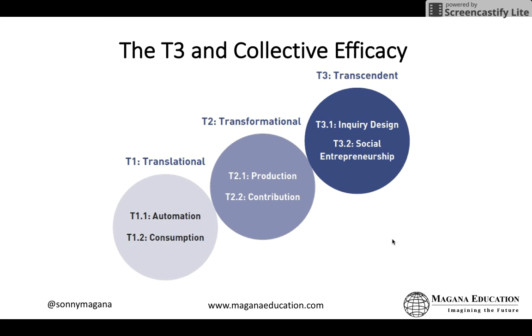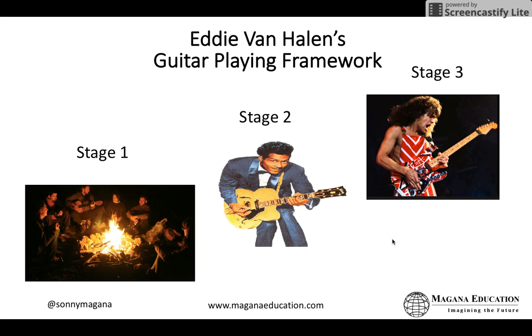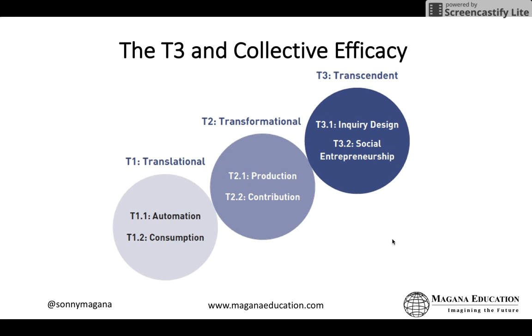So that's the T3 framework: translational technology use, transformational technology use, and transcendent technology use. We need to move beyond just sitting around the campfire playing the same songs, because the effect of that type of technology use, the translational technology use, over the past 50 years has been really disappointing.